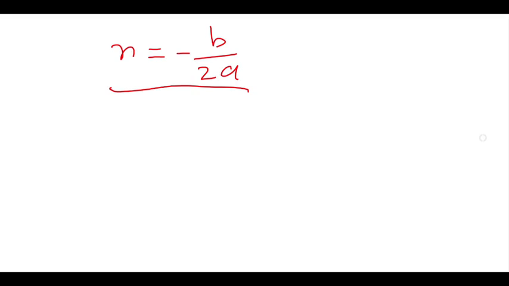So we use this formula. We have the sad parabola, and this is the axis of symmetry, which is 19.